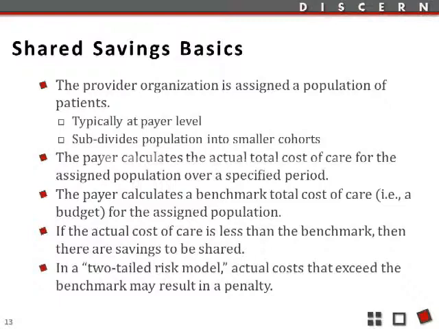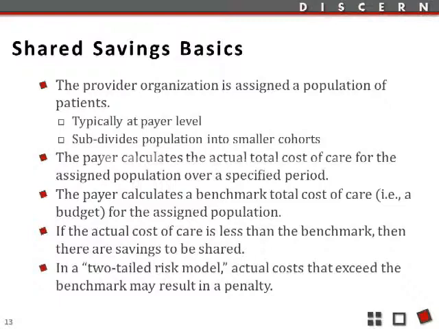Whether the provider organization bears responsibility for any of that loss depends on the structure of the shared savings program. In a two-tailed risk model, the provider organization would both have an opportunity to earn rewards when there are savings and would incur some penalty if there are losses. But in many of the shared savings programs that are out there today, they use a one-tailed approach where there's only upside risk for the provider.